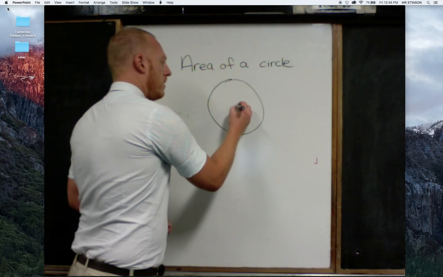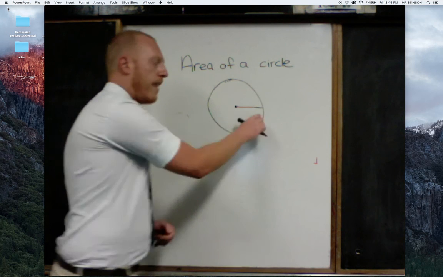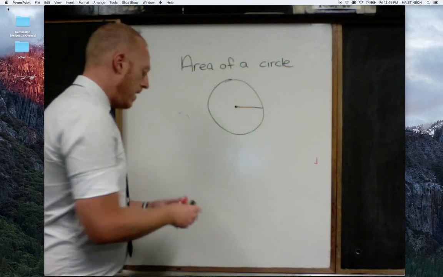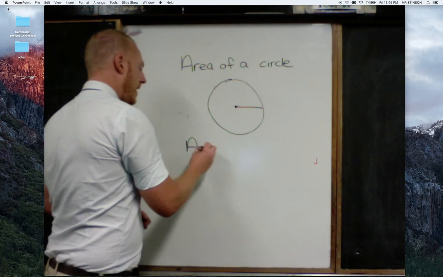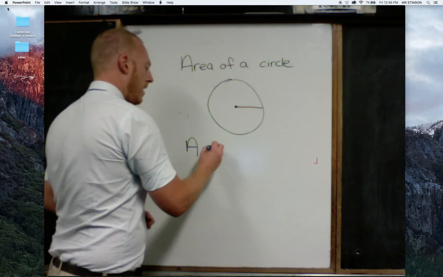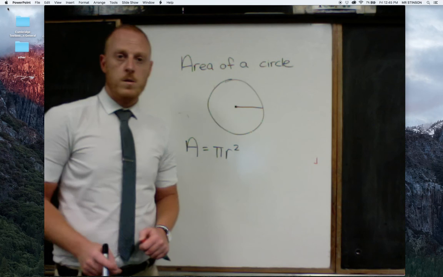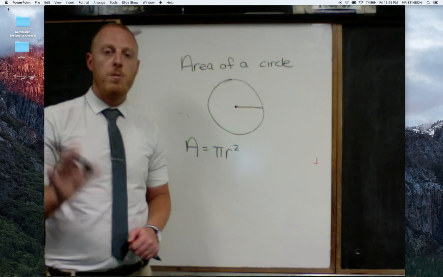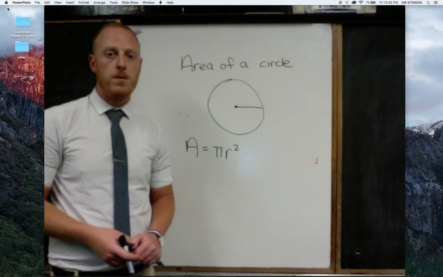When you're trying to find the area, the circle will always give you a radius. Therefore, in our formula, area equals pi r squared. We'll give you the formulas. Don't be worried about that. You need to know how to use it.